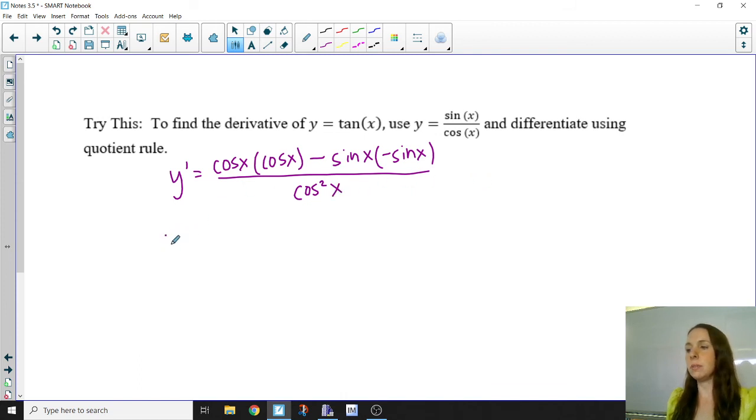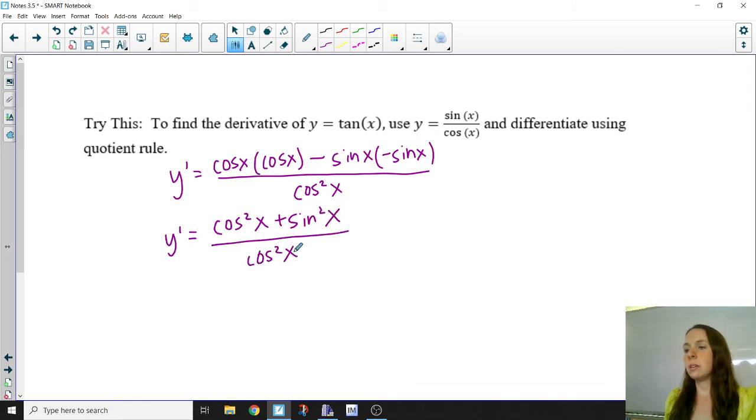Now let's simplify. We have cosine squared x plus sine squared x all over cosine squared x. Now, listen to me. Do not cross out these cosine squareds. You can't do that.